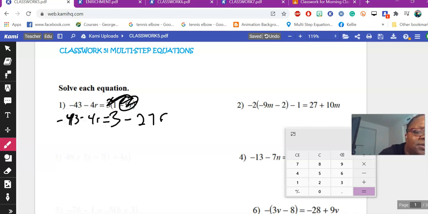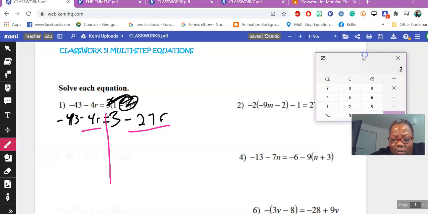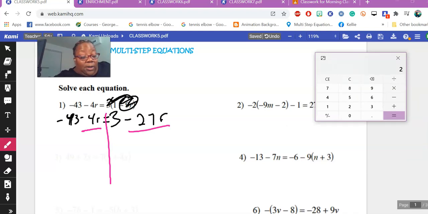Negative 43, right? Now, we set up our street. What's new is that we have r on both sides of the street, okay? R can only be on one side of the street. So we're going to have to, sorry about that, we're going to have to move one of the r's over to the other side of the street.